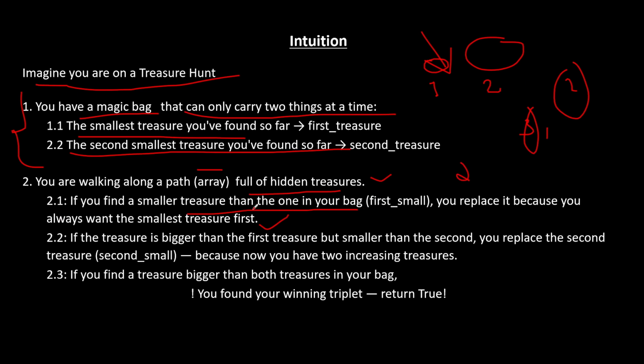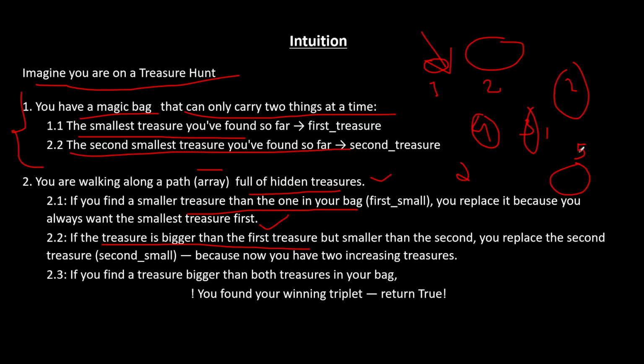And after that, if the treasure is bigger than the first treasure, so now we have 2, right? And if after a few steps we got 4, this is bigger than the first treasure, so of course this would be the second treasure. And now imagine in the second bag you already had the value 5.